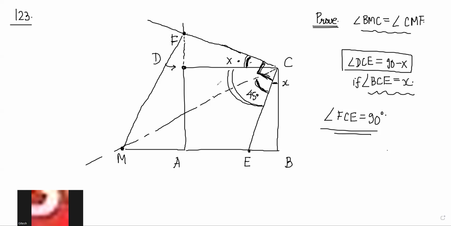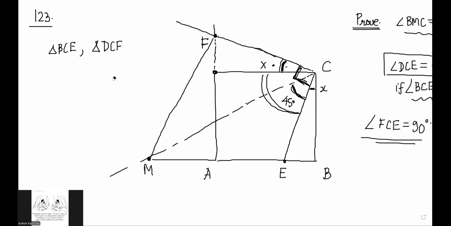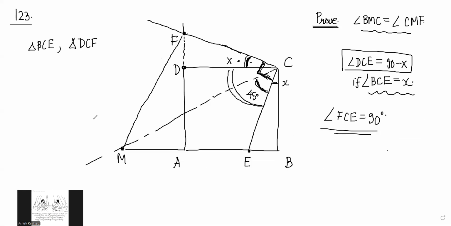Now, obviously, we can look at triangle BCE and triangle DCF. This D should be labeled near it, so I will write it here. Triangle DCF and triangle BCE, they are clearly similar triangles. Can you see that they are similar?